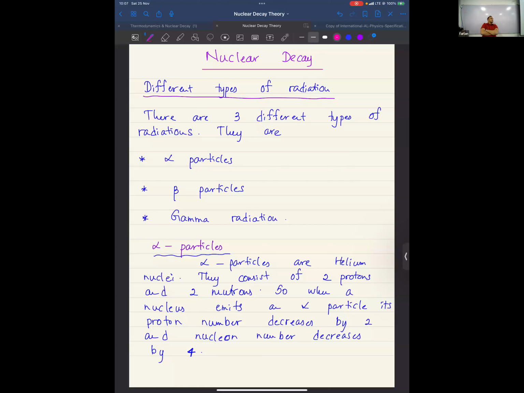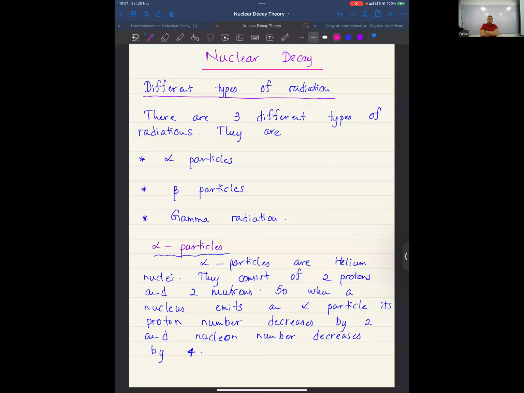What is 1U? What is atomic mass unit? You do chemistry, right? Who doesn't do chemistry? According to the chemistry, you know what is the definition of atomic mass unit?